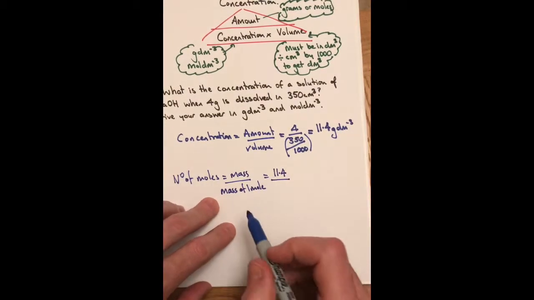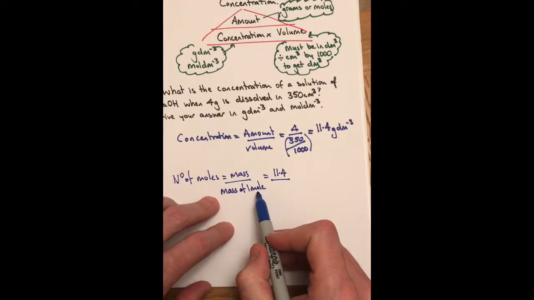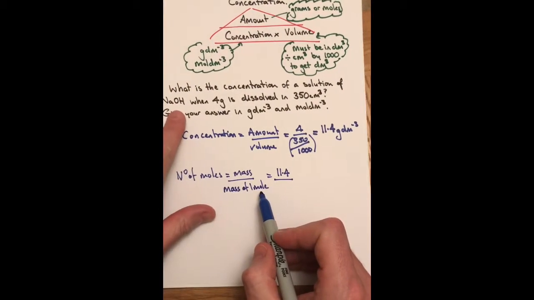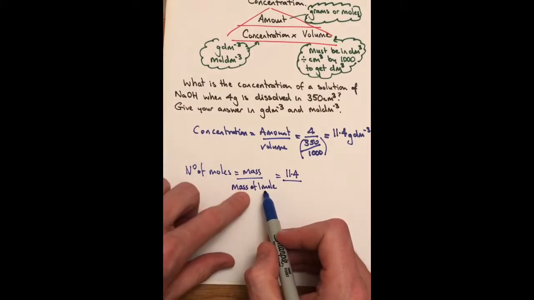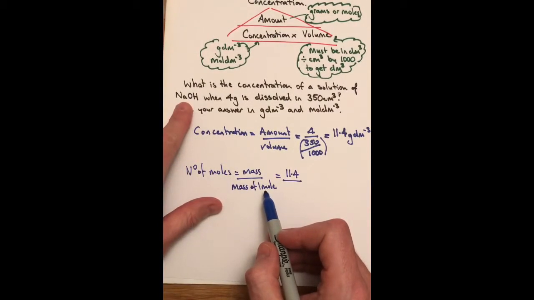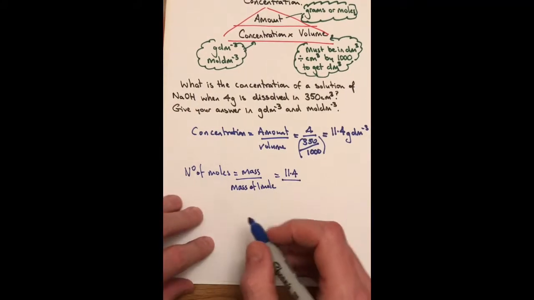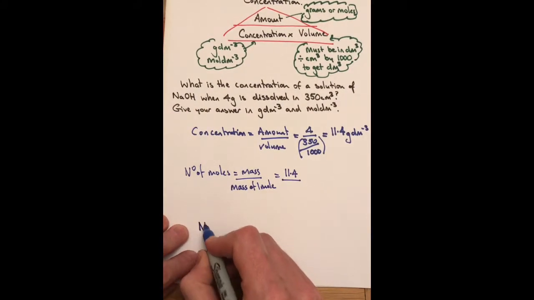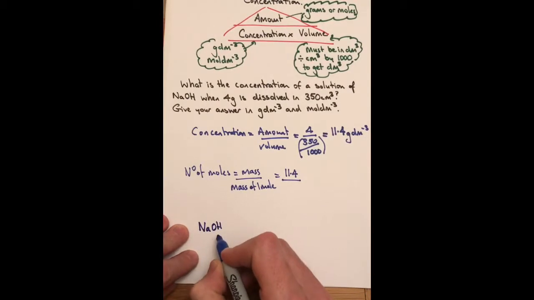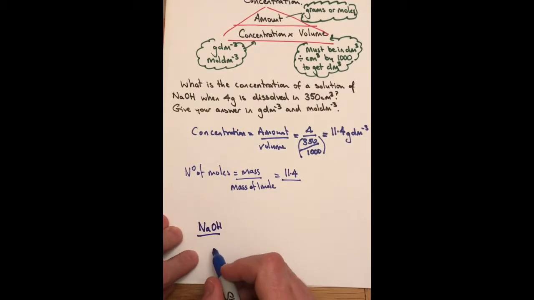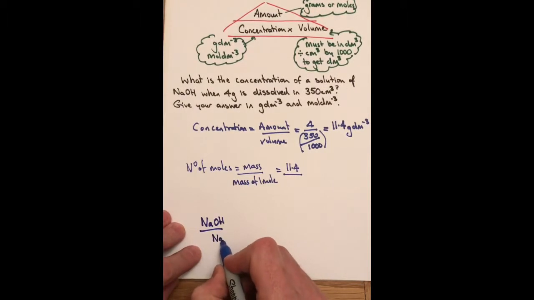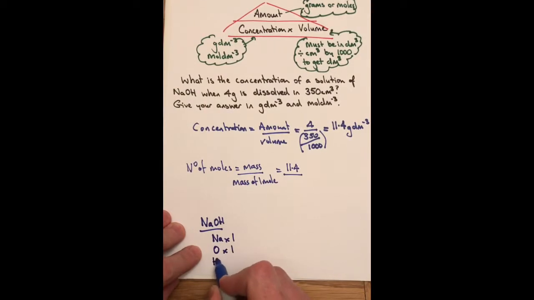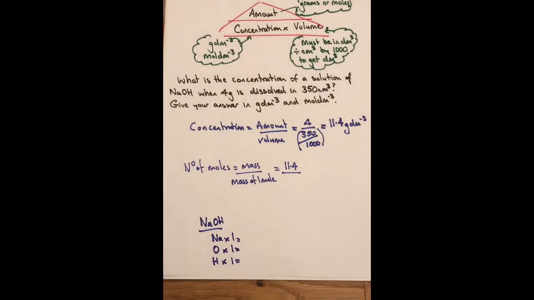And I've got to do some thinking here now, because this is the mass of 1 mole, and the chemical I'm talking about is sodium hydroxide. So what I've got to do is calculate the mass of 1 mole of sodium hydroxide. To do that, I take the sodium hydroxide, and there is 1 sodium, 1 oxygen, and 1 hydrogen, so my three chemicals inside there.